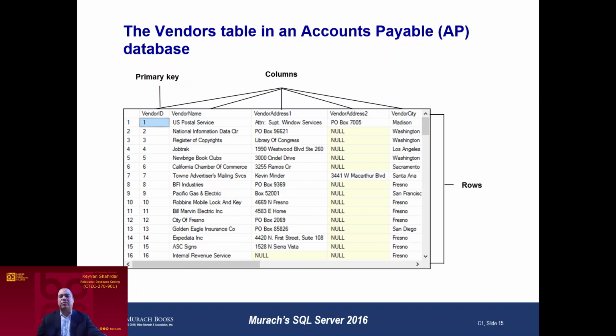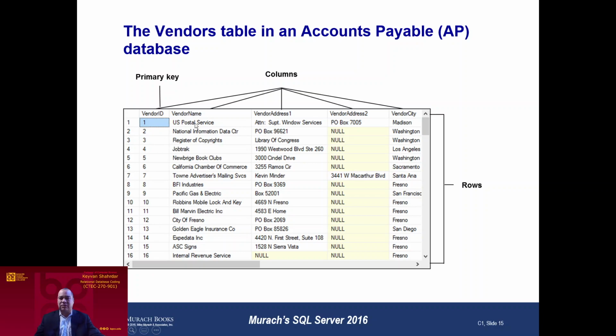So the vendor table of an accounts payable database. Again, I know this might be complicated for you, but the important part here is, you see vendor ID, vendor name, vendor address 1, vendor address 2, vendor city, and it probably goes further, but these things here are called columns. You have a list of vendor IDs, and those are associated with a vendor name.